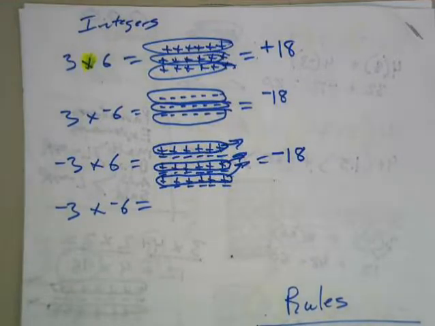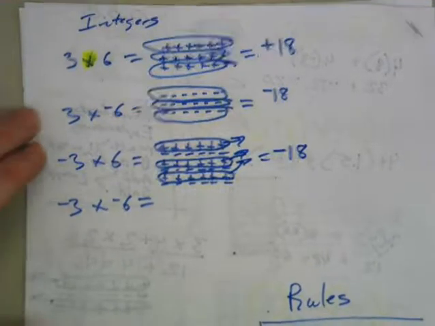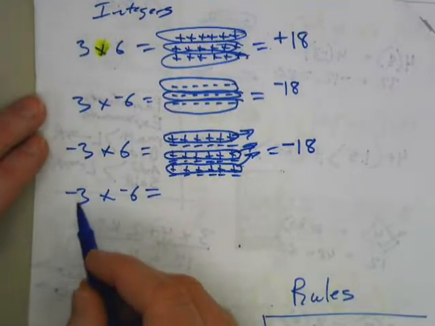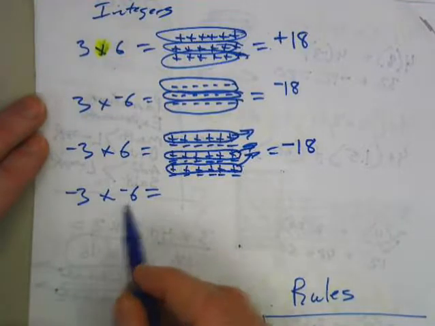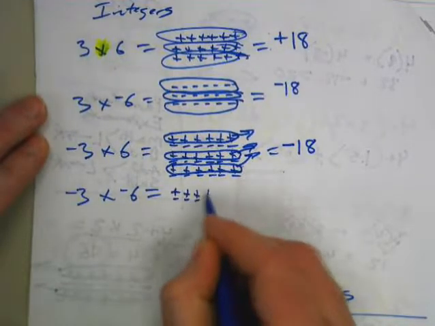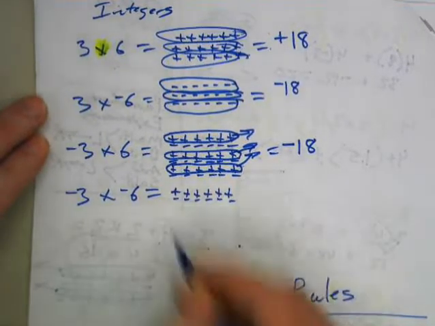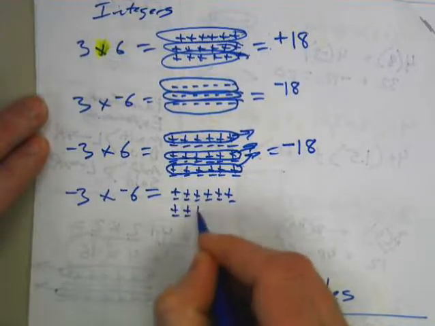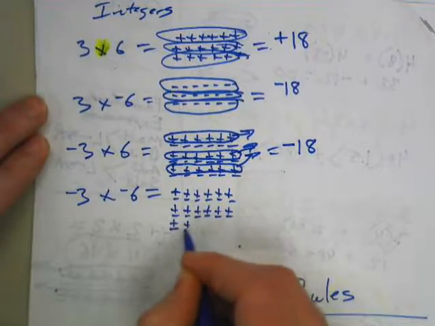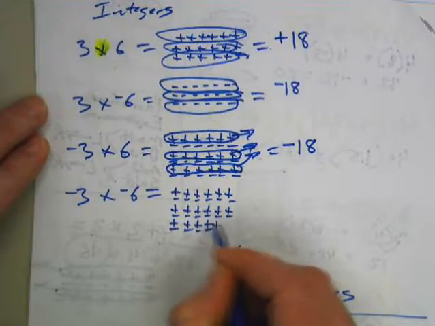Okay, this brings us to our last problem. Our last problem is we are going to be taking off the board because our first number is negative, but this time instead of taking the positives off the board, we're going to take off the board 3 groups of negative 6. So I still need my neutral pairs, and I need 3 groups of 6 neutral pairs so I can take off the proper items.